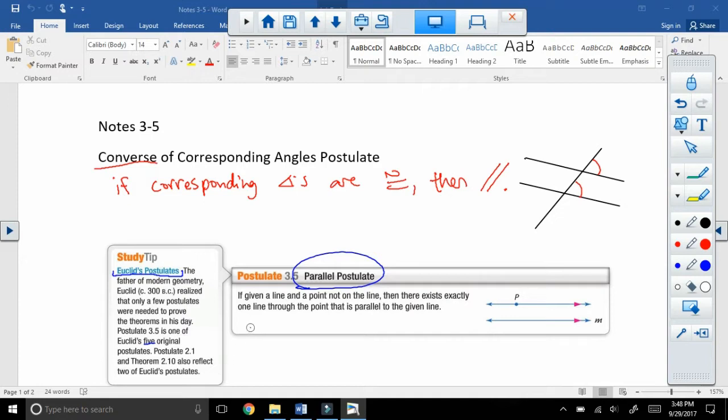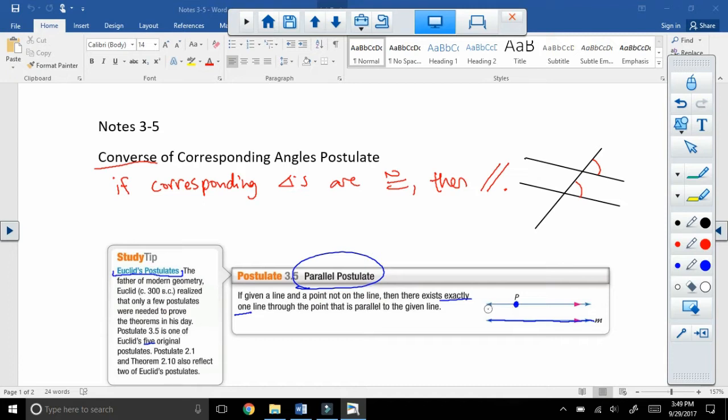And what it says is something that I'm sure you know and we've used in class and you used in Algebra 1. If you're given a line and a point that's not on that line, so let's say line M, and point P, a point that's not on that line, there exists exactly one line through this point that's going to be parallel.